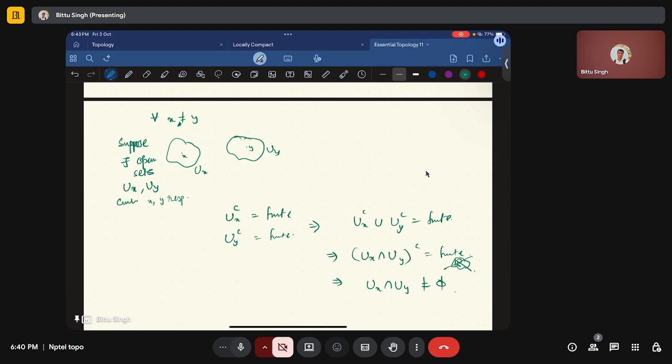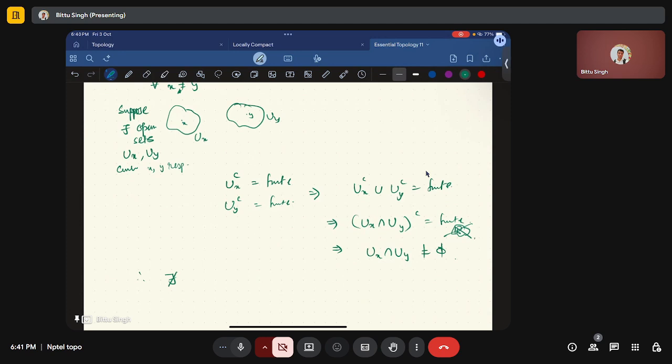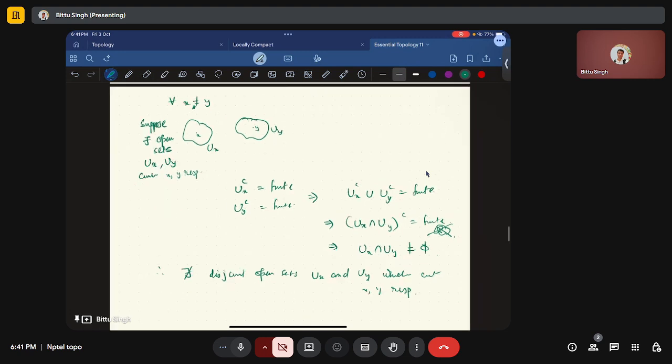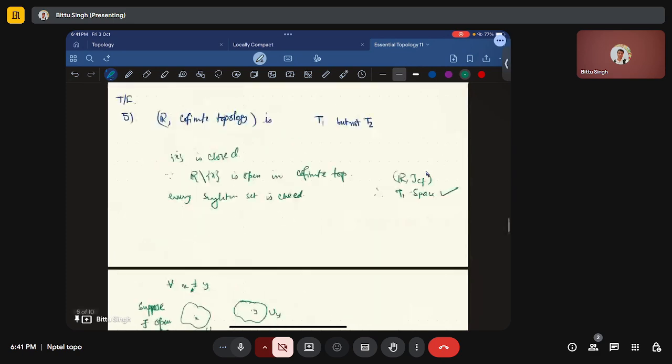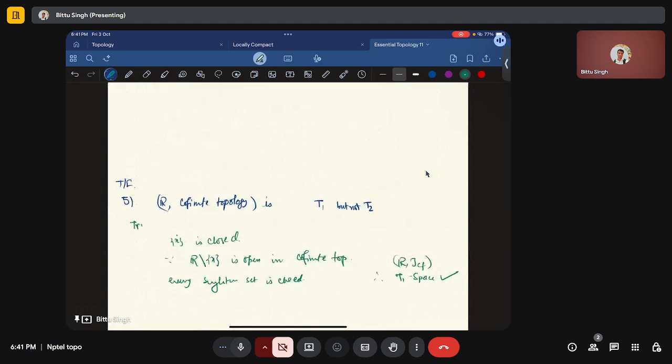So from here it is clear there do not exist disjoint open sets Ux and Uy which contain x, y respectively. Though there are some open sets, those open sets cannot be disjoint. Hence, R with cofinite topology is not T2. So this answer is true.